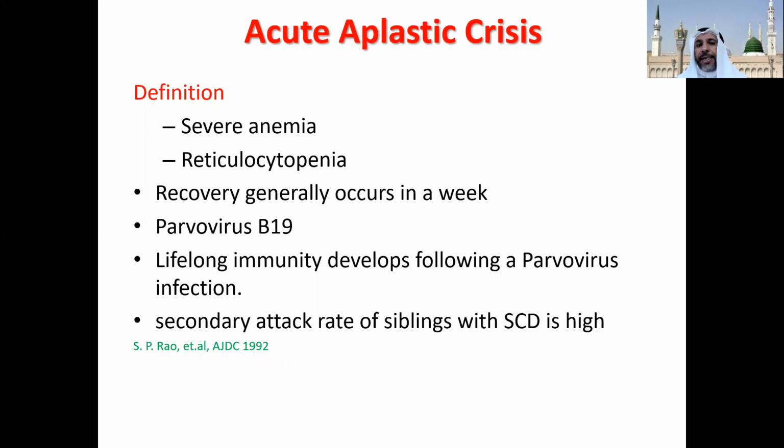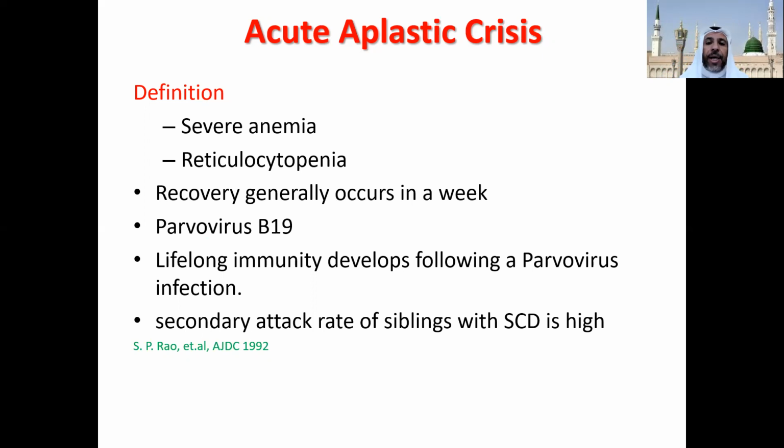Aplastic crisis. Another problem that happens in sickle cell anemia, which is defined as a severe type of anemia and reticulocytopenia, and usually they recover early, and they may need transfusion. It has been linked to parvovirus B19, and once it happens, it gives long-life immunity, but it is not the only cause of aplastic anemia.